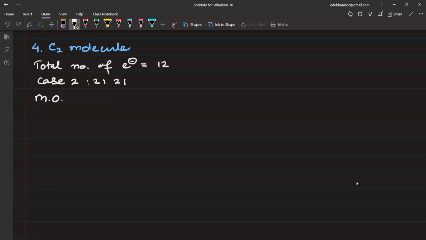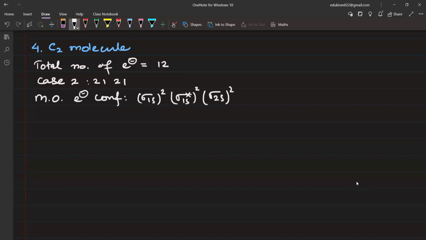So now molecular orbital electronic configuration. Start करें please. Sigma 1s2. उसके बाद Sigma star 1s2. Then Sigma 2s2.